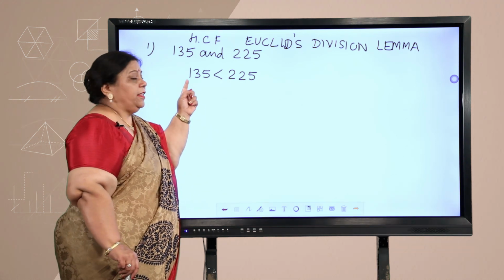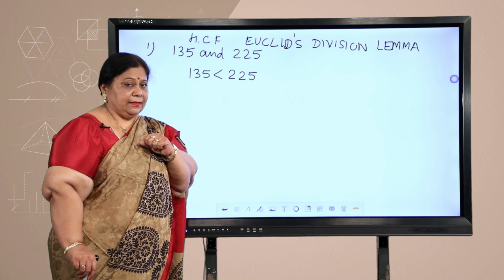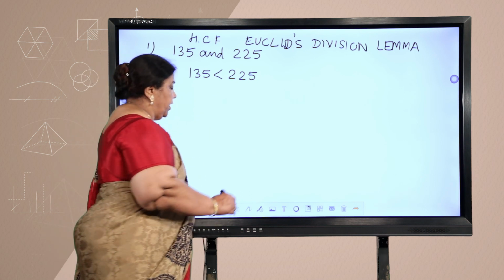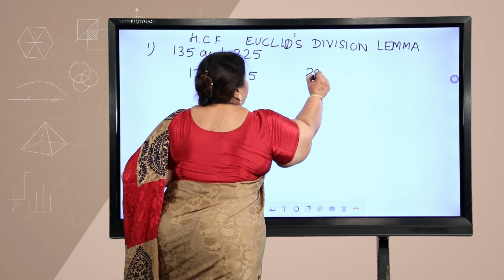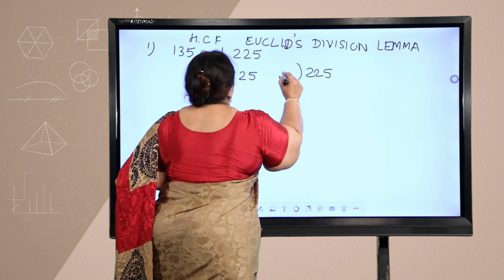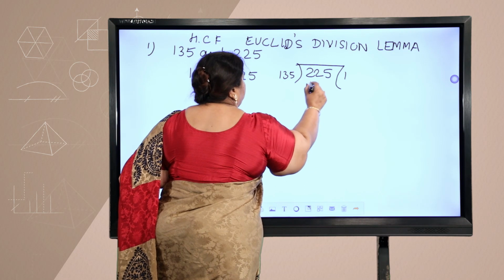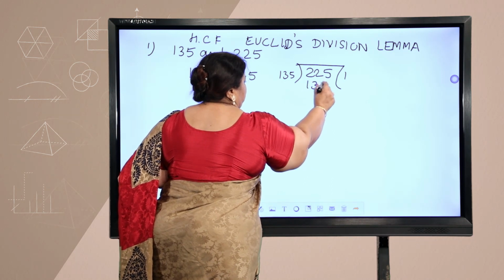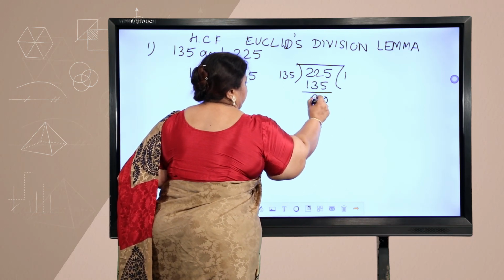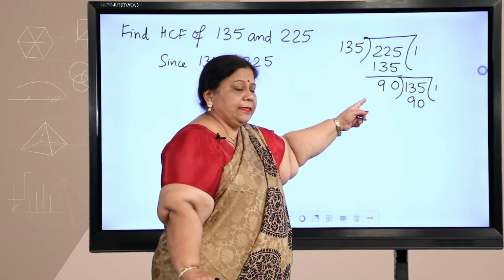So, 135 becomes the divisor and let us divide 225 by 135. I think it goes one time. We have remainder as 90 here.